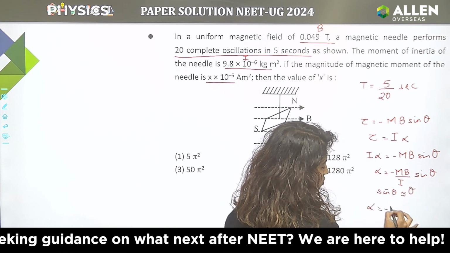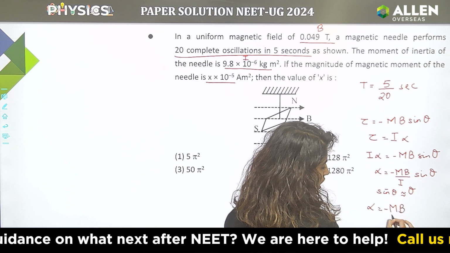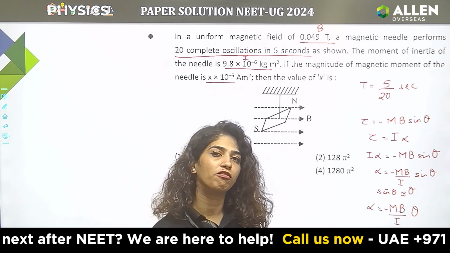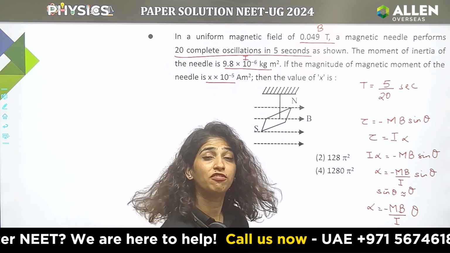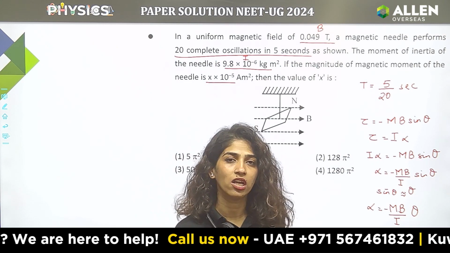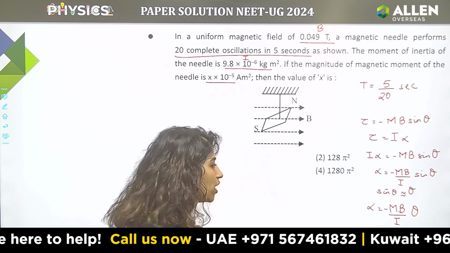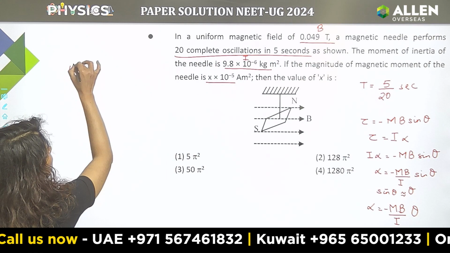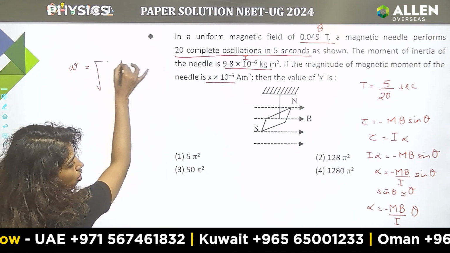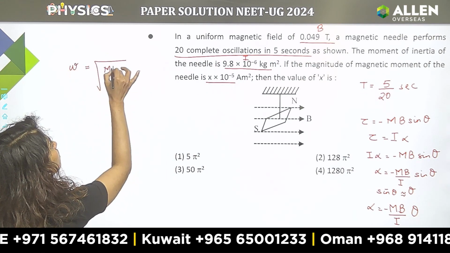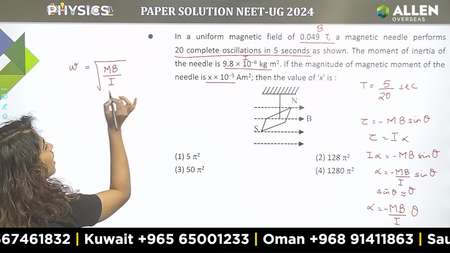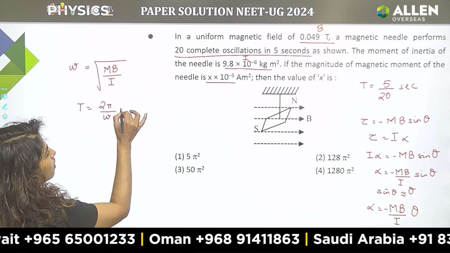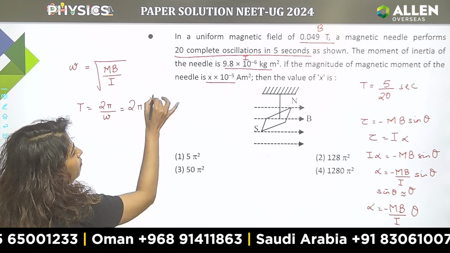Alpha will be equal to minus mB upon I theta. So if I compare it to the condition of angular SHM, alpha is minus omega square theta. So from here I'll understand that omega is equal to root of mB by I. So time period is 2 pi by omega, making the formula 2 pi root of I by mB.